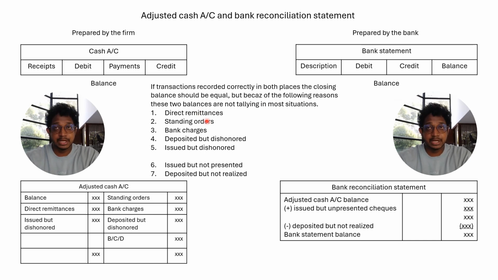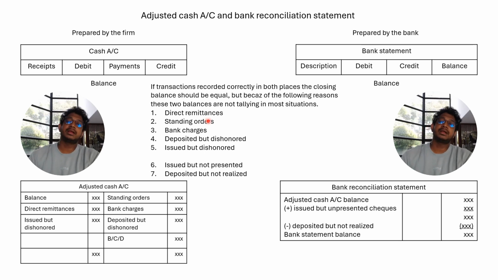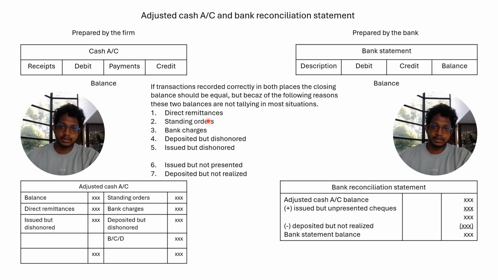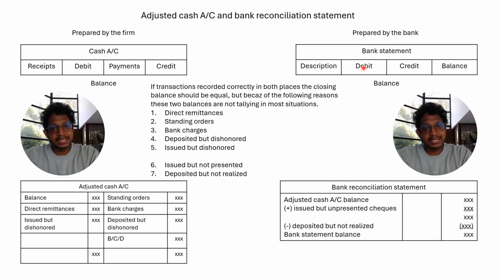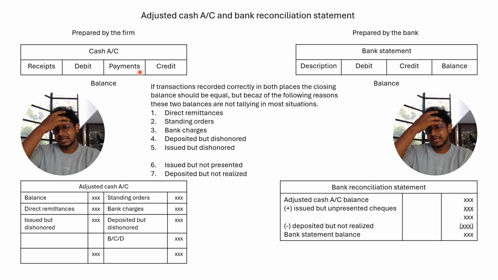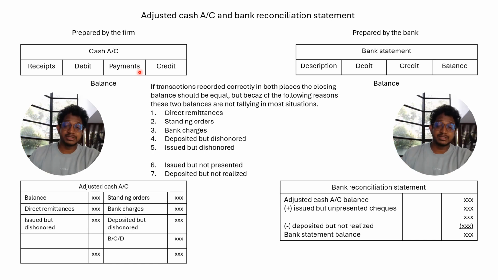Direct remittances. Direct remittances mean the debtors and other cash receipts are done through our bank directly. The debtors deposited cash to our bank directly. So it's recorded in the bank statement, but not recorded in the cash account because we do not know, right? But actually we do know, because he called us and said, I deposited money into your account.